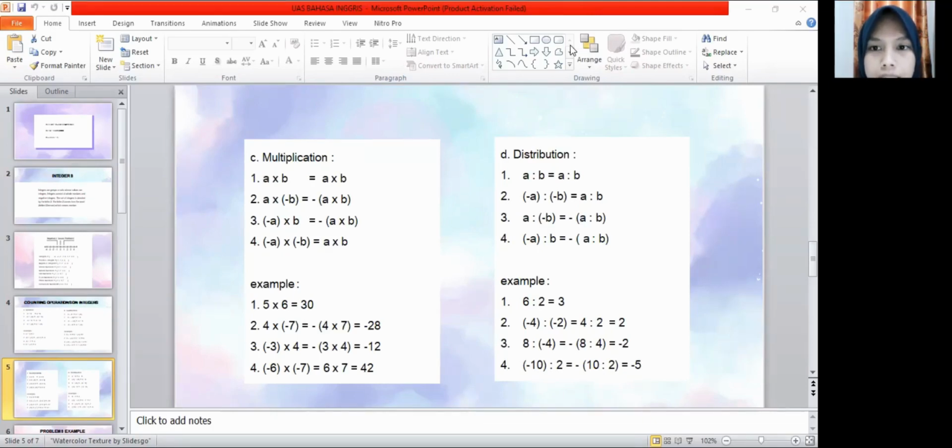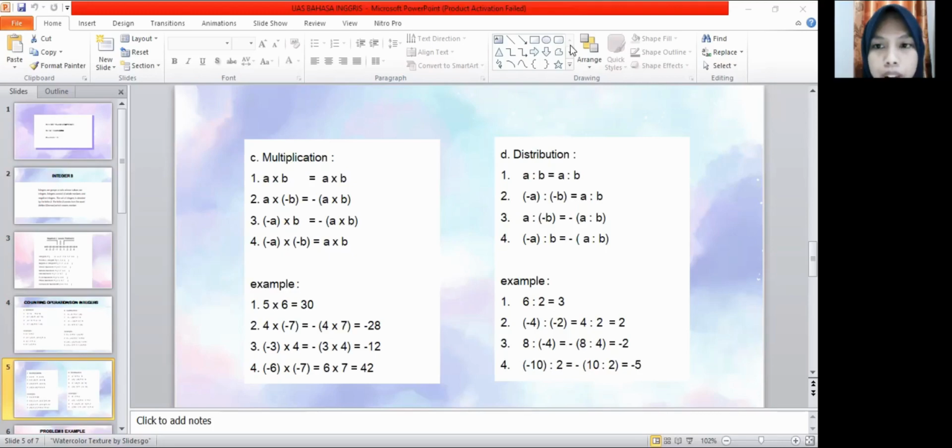D. Division. Division of two positive integers will produce a positive integer, while dividing two negative integers will produce a positive integer. Then, if you divide a positive integer by a negative integer, the result is a negative integer. Basically, the concept of counting integer operations is the same as multiplication.